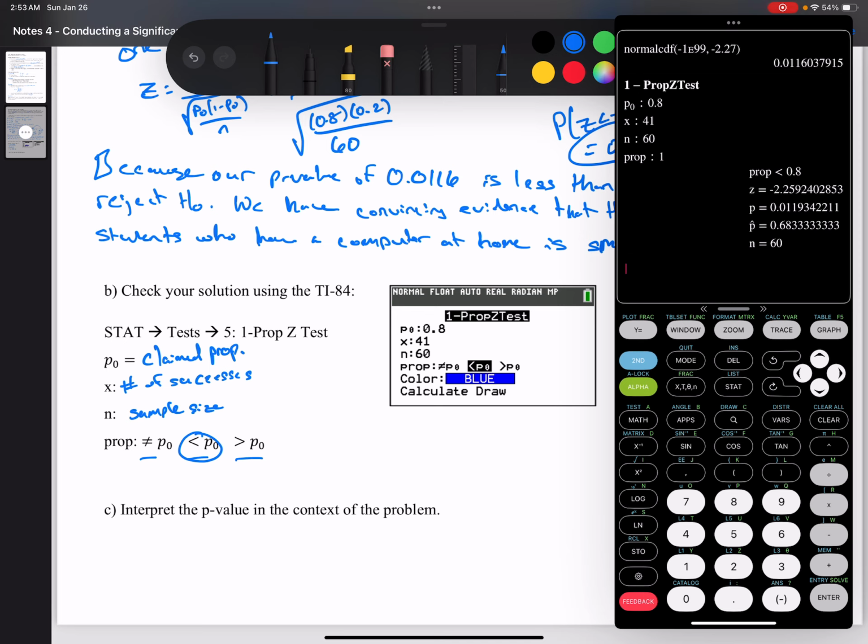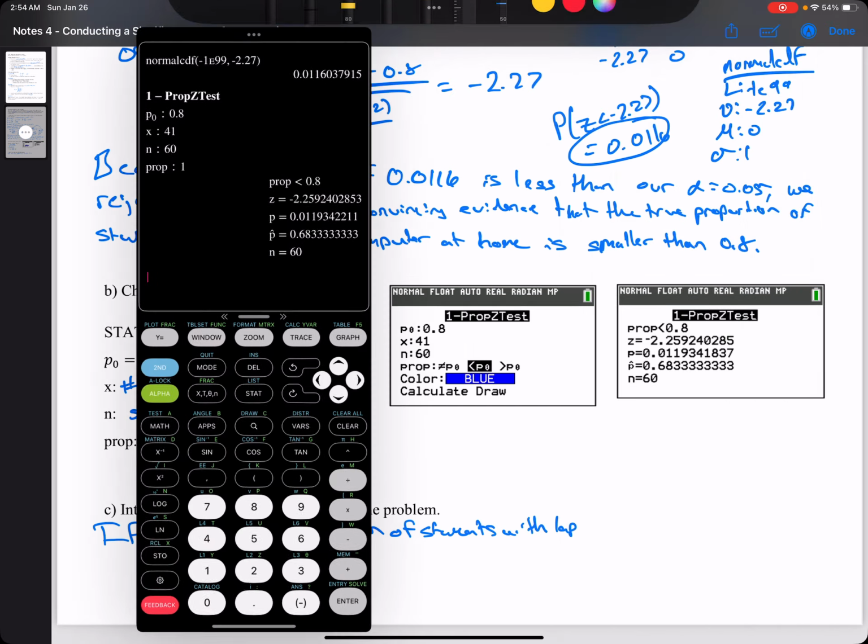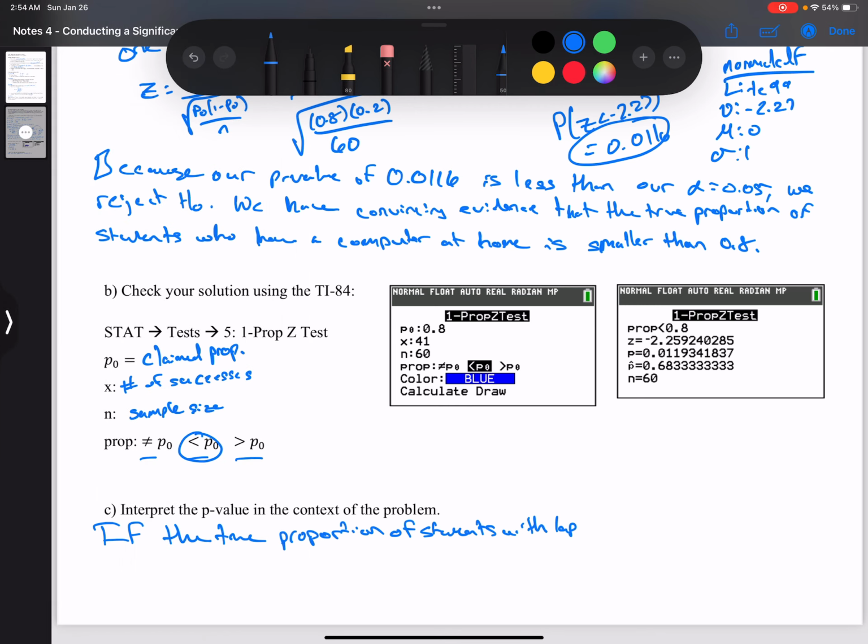Okay, so for this one, it says interpret the p value in context of the problem. So if the true proportion of students with laptops at home is 80%. Okay, so that's just the claimed value is 80%.